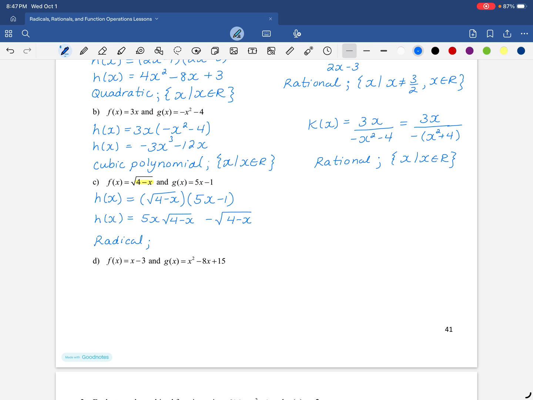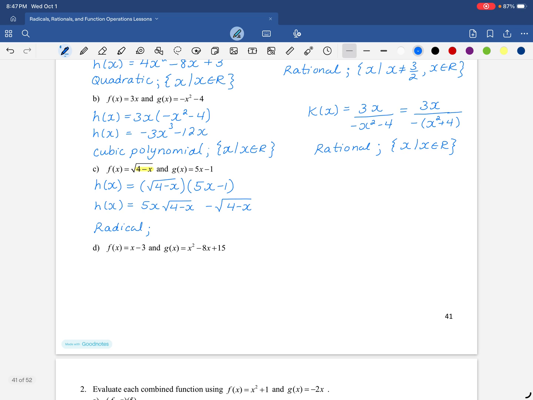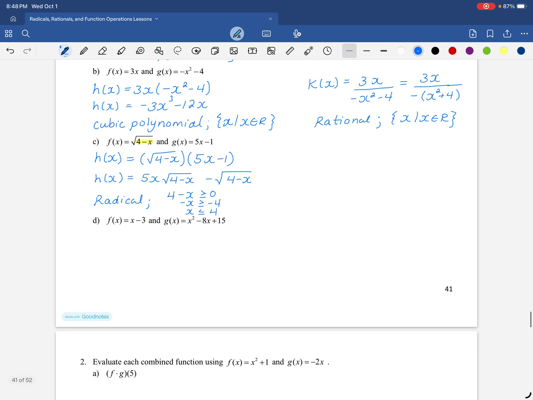So maybe I'll just show that right here. So if I take this 4 minus x and I set it greater than or equal to 0, I would then have negative x greater than or equal to negative 4, and then I would divide the negative out, which means now, of course, it's going to flip the other way, less than or equal to 4. So that becomes my domain restriction on that combined function h.